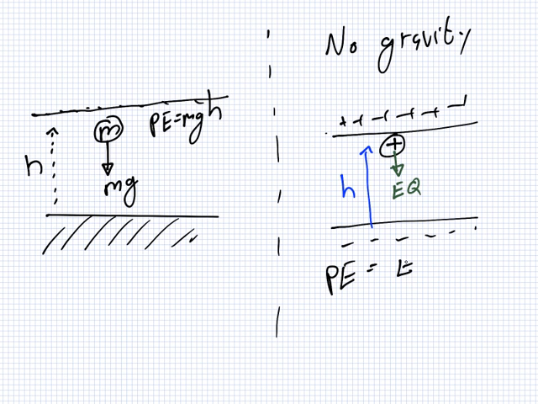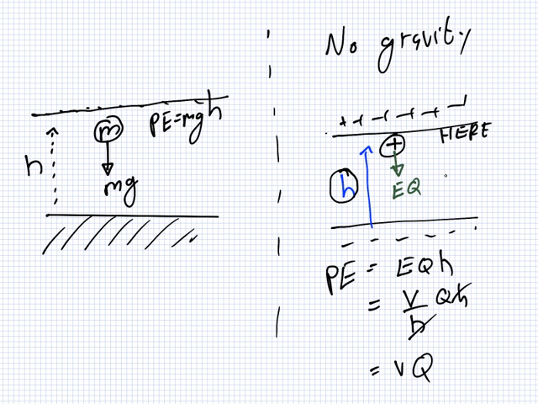It'd be EQh. But actually we have a formula for E. Do you remember what it is for the plates? V over d. Well, in this case the d is h, if it's at the beginning. So here you're left with just VQ. Now, again, this is the potential energy here.